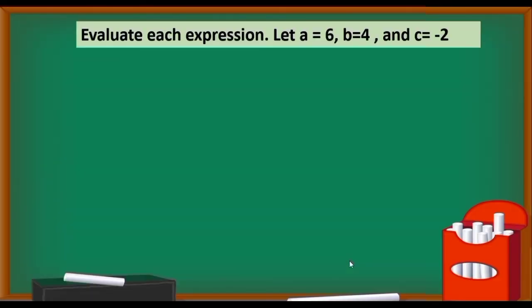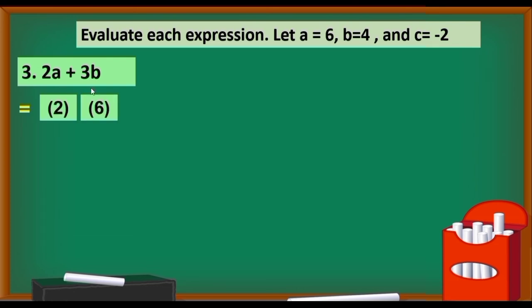So let us have another example. So given yung a ay equals 6, ang b natin ay equal 4, at ang c po natin ay equals negative 2. So let us evaluate 2a plus 3b. So papalitan po natin yung a at yung b.